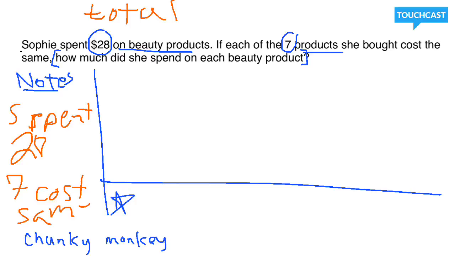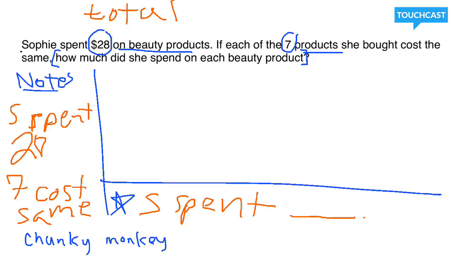Now, we can go ahead and write our answer sentence. How much did she spend on each beauty product? She spent blank. And we'll just leave it there. She spent blank. Awesome. Now, let's go ahead and check how we can solve this problem.